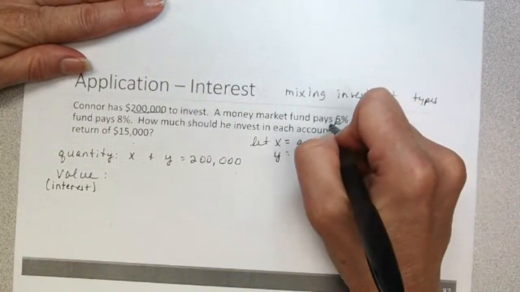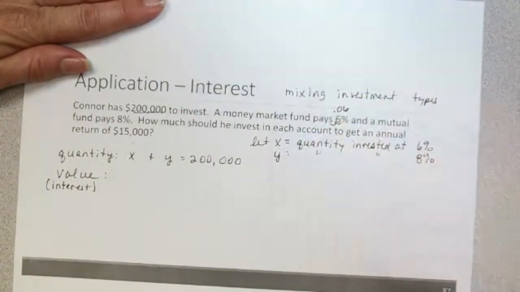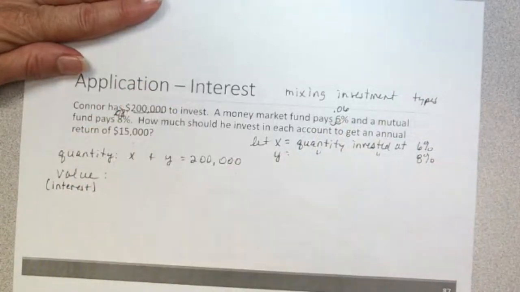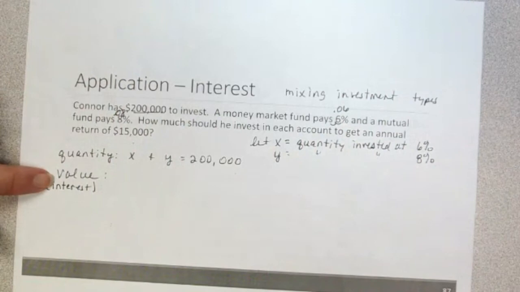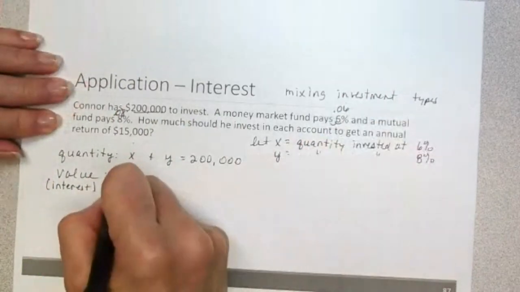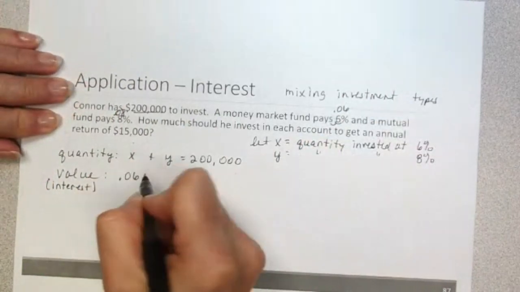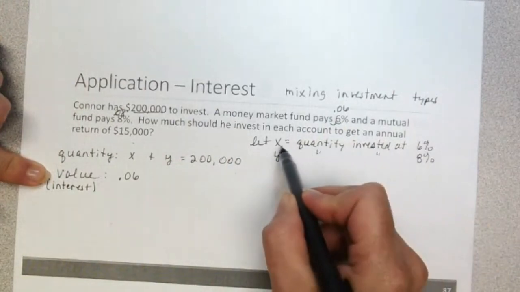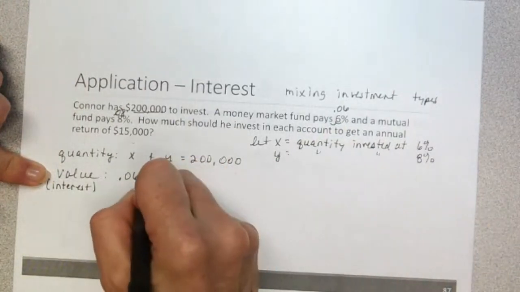So 6%, when we move it over 2 places, becomes 0.06. 8% becomes 0.08. All right, so my interest equation is going to be 0.06, the amount of interest that the quantity invested at 6% earns. So that's 0.06x.